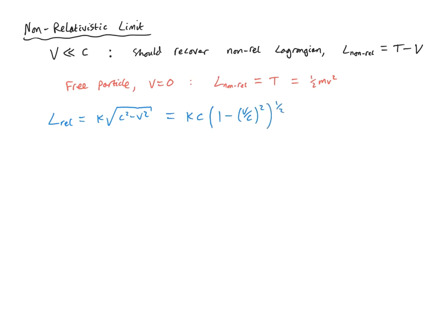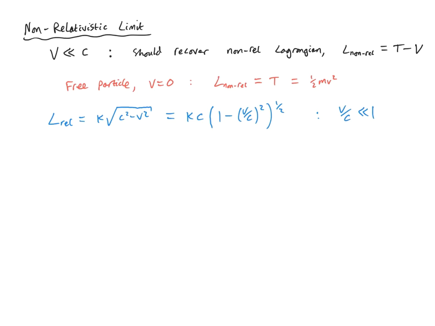and that's all square rooted, or put another way, to the power of 1/2. Now, since v upon c is very, very small in the non-relativistic limit, v upon c is much, much less than 1, I can treat this (v upon c) squared here as a small parameter and do our Taylor series expansion.